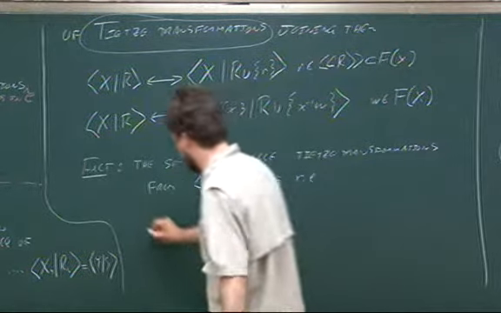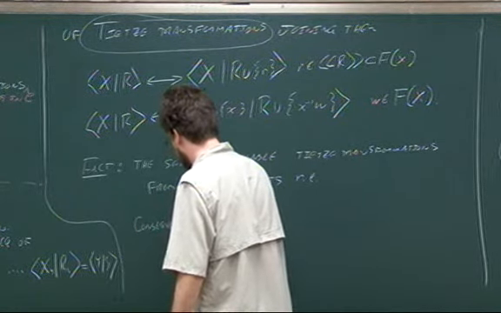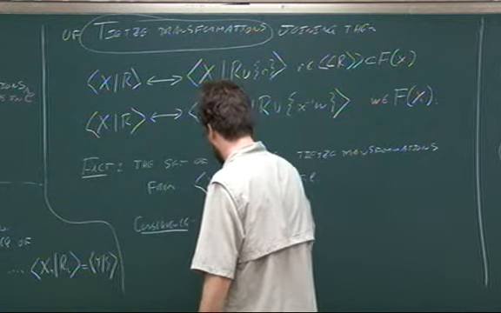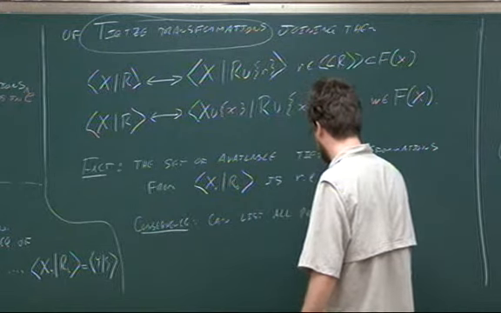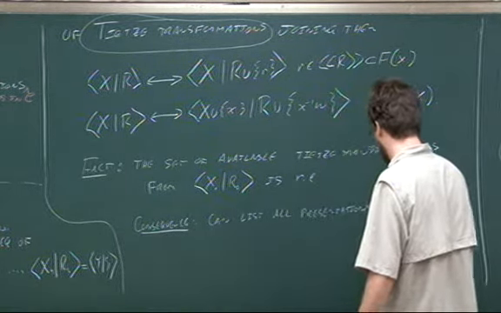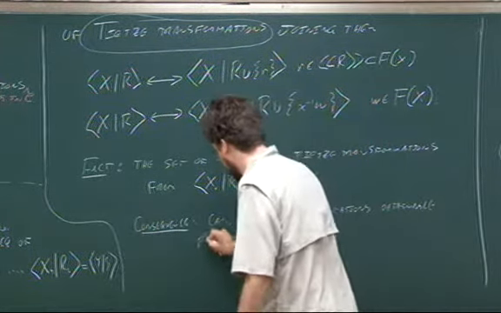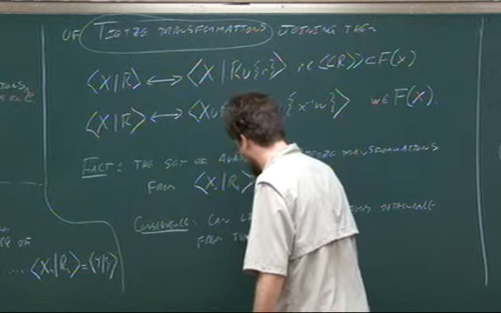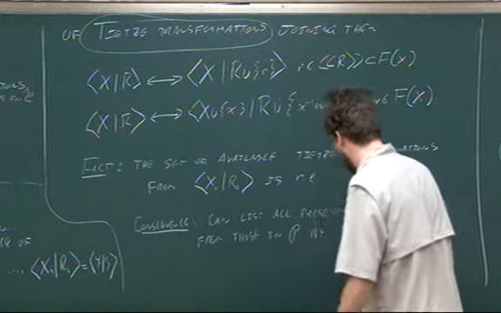Okay, and then a consequence of this is that you can list all presentations obtainable from those in P by Tietze transformations.